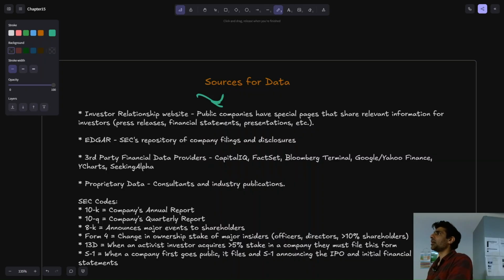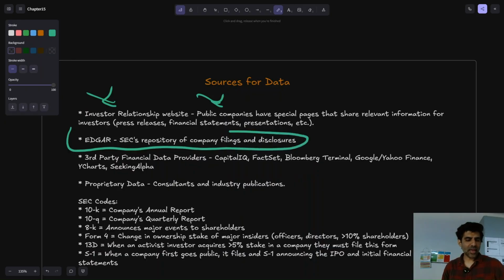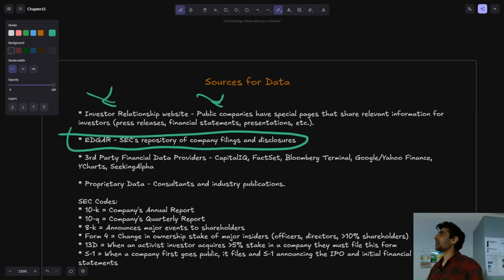They usually have an audio recording of that, which is pretty informative, because you can hear the questions that professional analysts are asking management, and hear how they respond. So all that is going to be on the investor relations website. The government also has a repository where the company has to post all their required filings, on this site called Edgar.